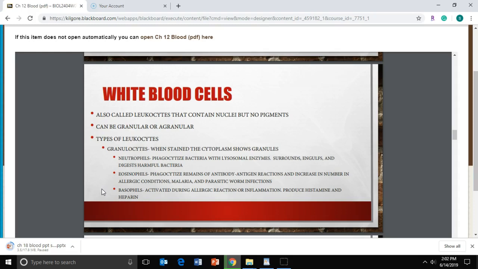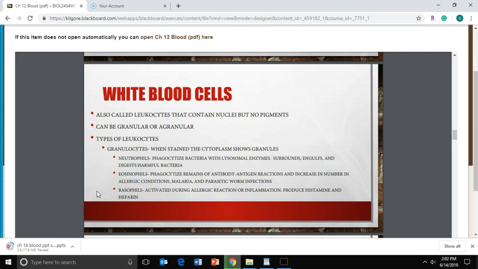And neutrophils are important because they can phagocytize bacteria. You learned the term phagocytosis back with the cell. That means that they can engulf these inside and then break them down. Eosinophils increase in number in allergic conditions, malaria, parasitic worm infections, and sometimes in people who have bone marrow cancer.